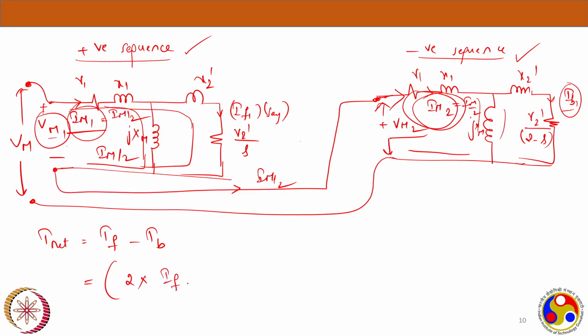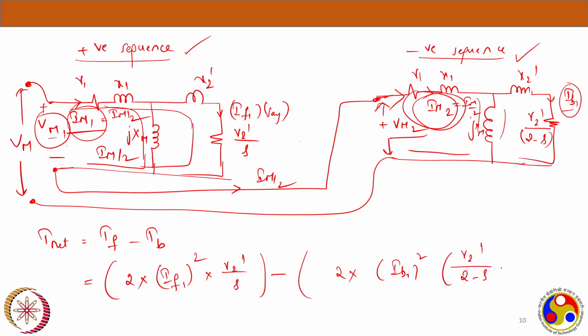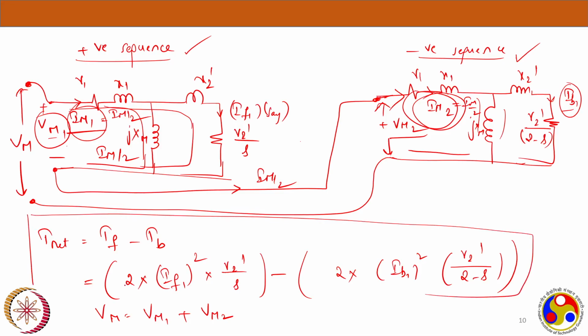The rotor current in the forward direction gives IF1 squared multiplied by R2 dash by S, and in the backward direction it will be 2 times IB1 squared multiplied by R2 dash by 2 minus S. And the total voltage VM is equal to VM1 plus VM2. But these are the voltages and torques of the two-phase induction machine with which we started. Let's say this is equation A, an important equation. We have the torque equation right here.